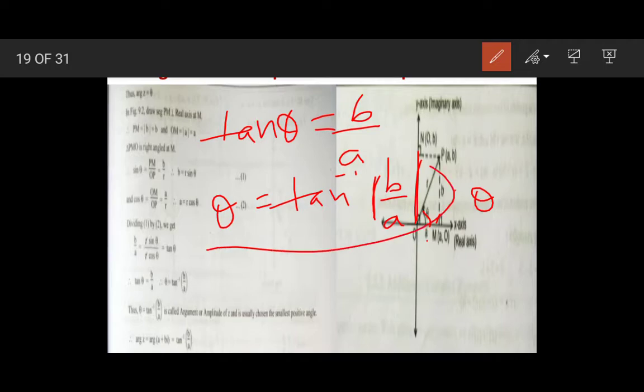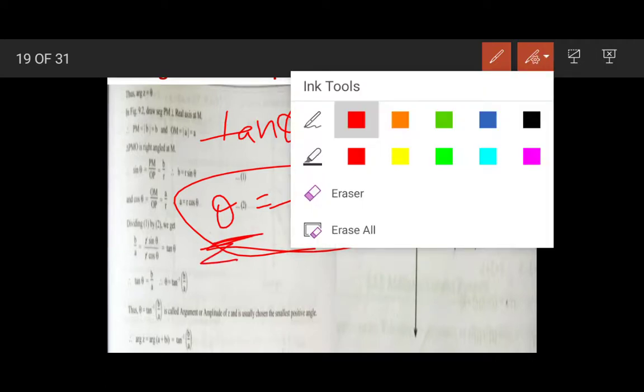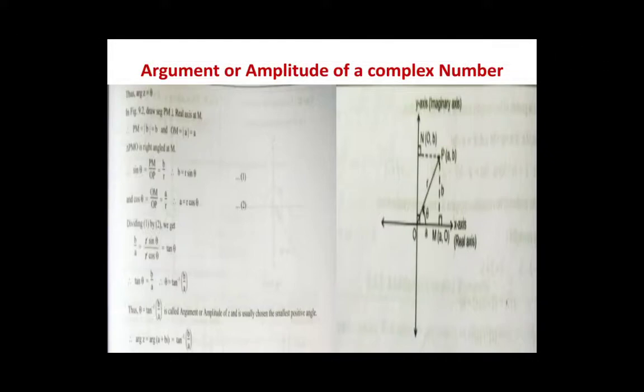This angle is known as the argument or amplitude of a complex number.